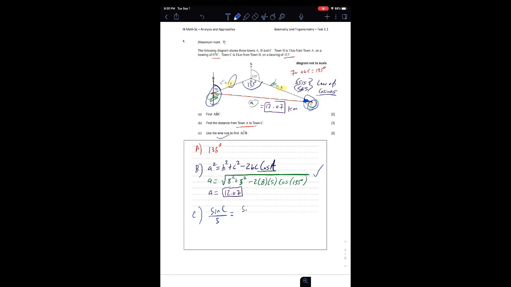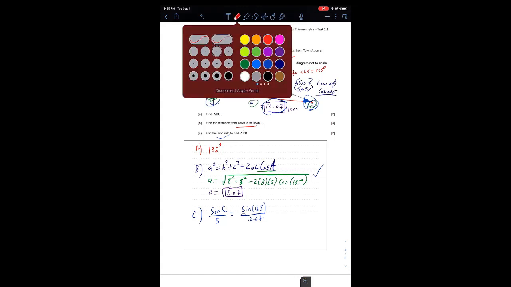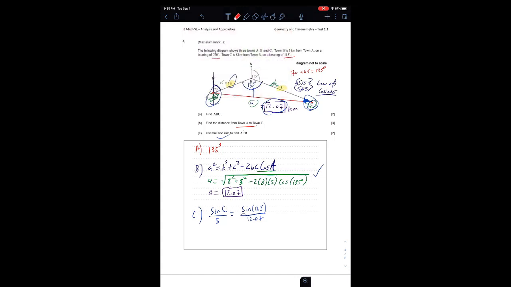This is going to be the sine of 135 over its opposite side, which I just now found to be 12.07. So here's the deal. If I got B wrong, I'm about to get C wrong. This is what IB does. They're infamous for this. So let's solve this by multiplying both sides by 5, like this, and crossing these out.